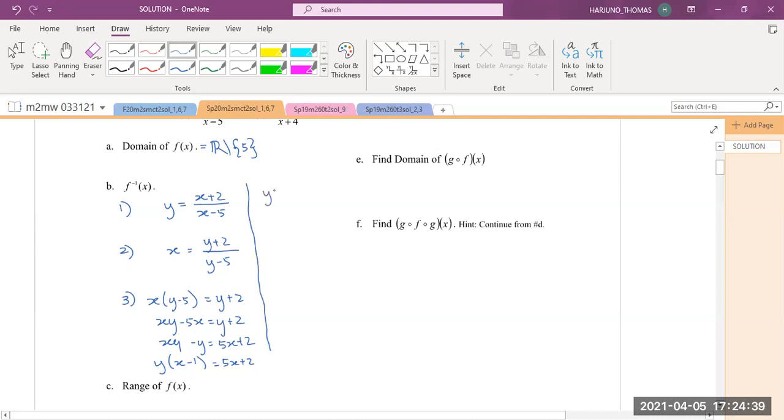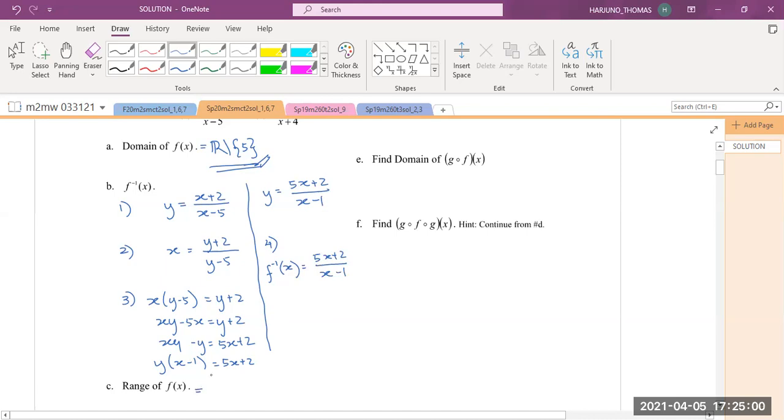So y is equal to (5x plus 2) over (x minus 1). Step 4, the inverse function is (5x plus 2) over (x minus 1).